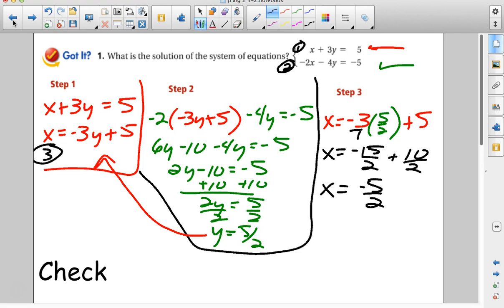Creeps a little, make you feel like maybe that's not right. One positive, one negative. Well, let's put it all together. What's our ordered pair? Negative 5/2, 5/2. Yeah, it has to be x comma y. Negative 5/2, 5/2. All right.